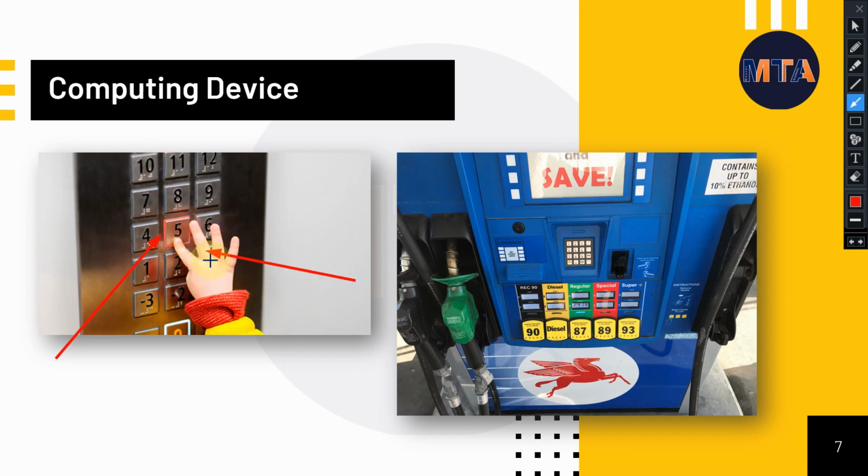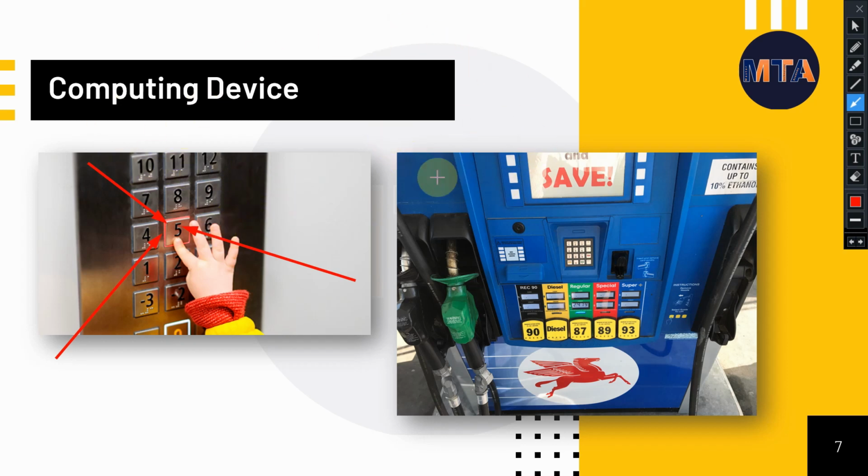Here the person locks in the number 5, wanting to be on the 5th floor. The elevator will start from 0, 1, 2, 3, 4, and when it comes to the 5th floor, it will open, and we can get out of the elevator. We can call it a computing device.